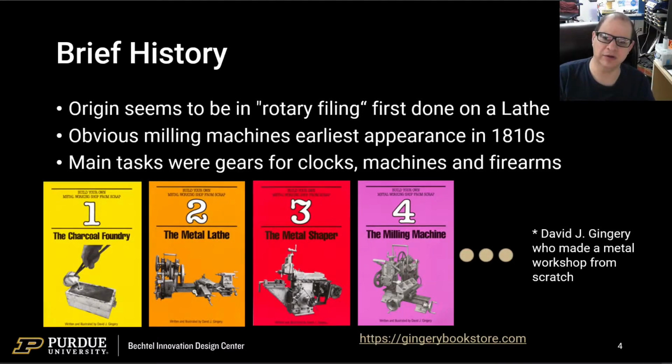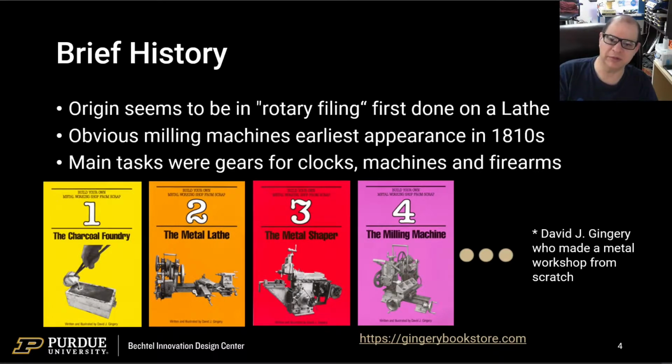They are also not as fundamental as a lathe, but on the other hand, their sheer power and flexibility makes them incredibly desirable. So the history is difficult because, again, with machine tools, thousands of people were working on them in their own way and constantly improving the equipment they had. But loosely speaking, the consensus is that people were putting a rotary file bit into a lathe chuck and spinning it and bringing the workpiece in contact with that to do filing and material removal that way. And it seems that milling machines kind of grew out of the desire to basically move the tool into the block in a controlled, repeatable way.